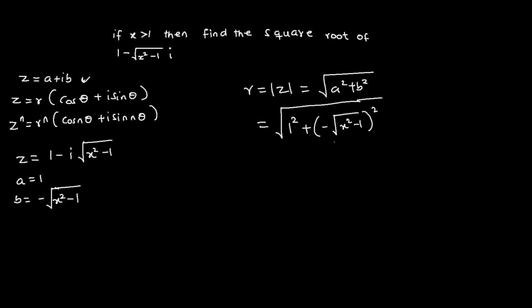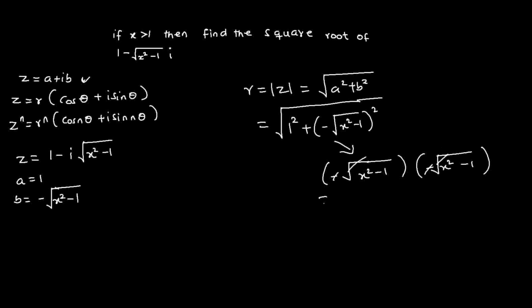So now let's focus on what you have in this bracket. I have minus the square root of x squared minus 1, multiplying itself. So I have minus, minus, x squared minus 1. Now this minus sign will cancel out this minus sign, then this square root also cancels out this square root.